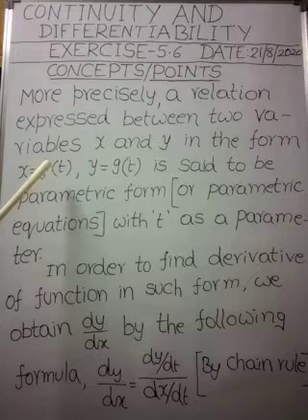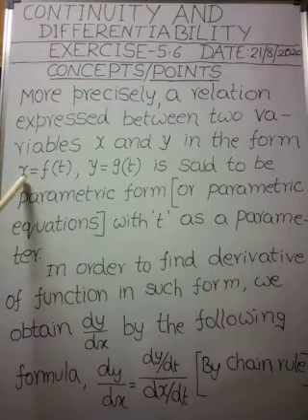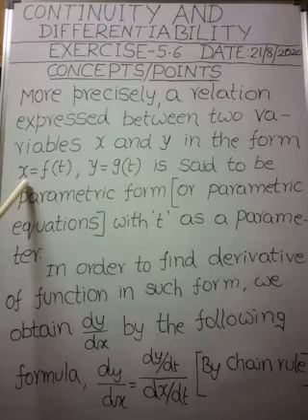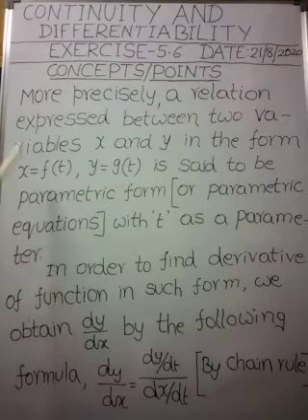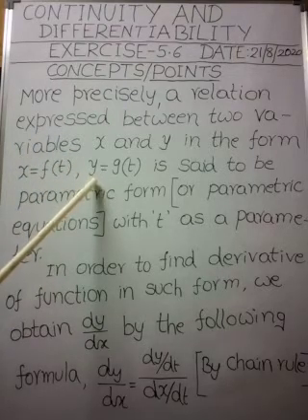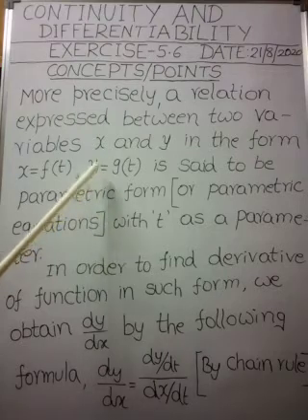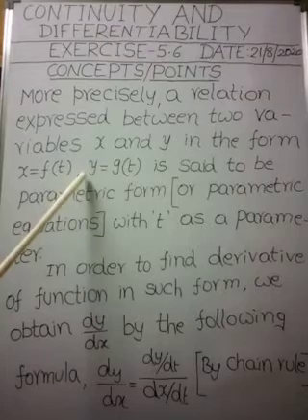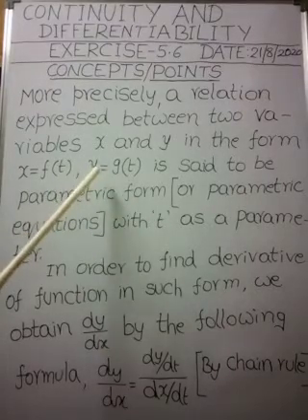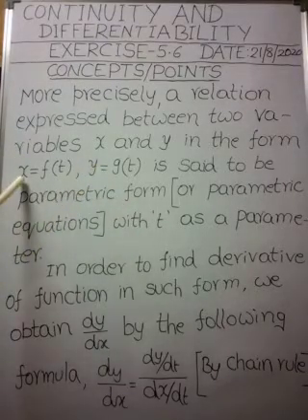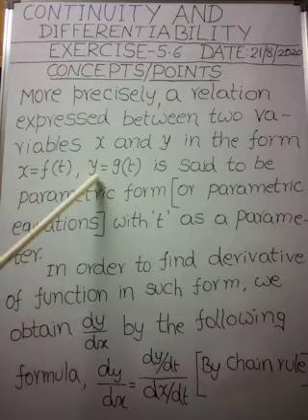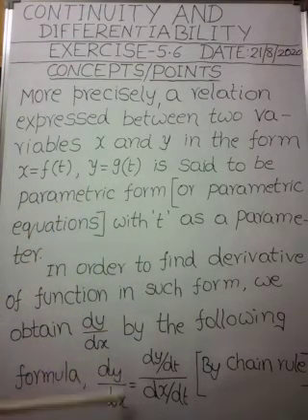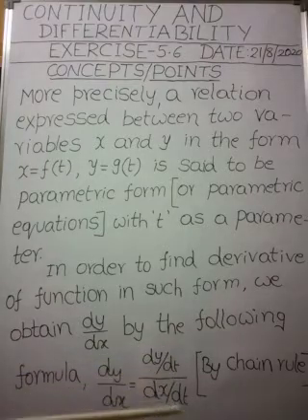So we have to differentiate this variable x with respect to t, not with respect to x or y. Similarly, here variable y is defined as a function of t. So we differentiate this equation with respect to t. Then here we get dx by dt. Here we get dy by dt. Then dy by dx is equal to dy by dt divided by dx by dt.